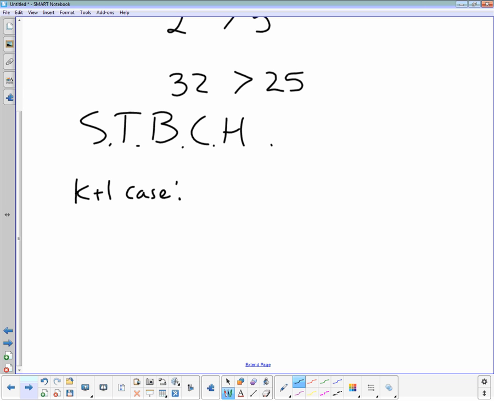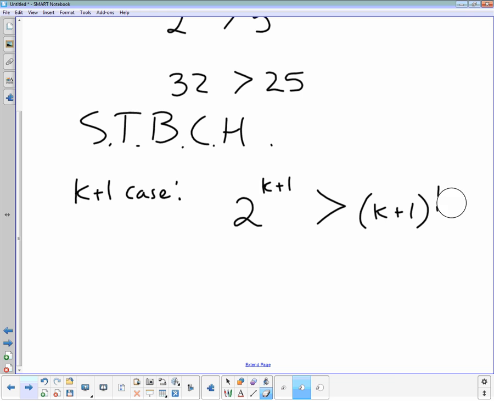Everybody right now, write down what the k plus 1 case looks like. What does this unicorn look like? It's just as mythical and magical. Right, yeah. Ah, yes, we have inequality. So the k plus 1 case looks like 2 to the k plus 1 is greater than k plus 1 squared.